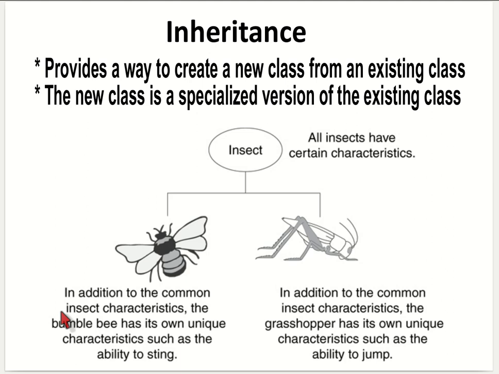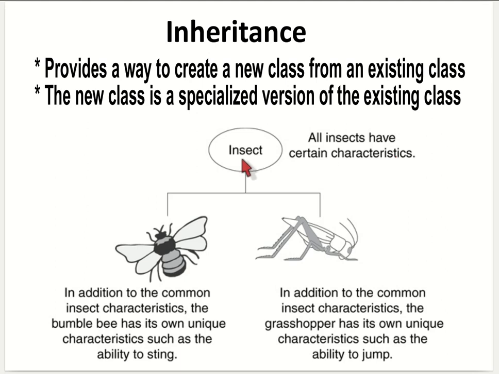In this example, we can see there are two different insects, grasshopper and honeybee, and there is a generic one known as the insect. If a thing is an insect, certain characteristics will be there.